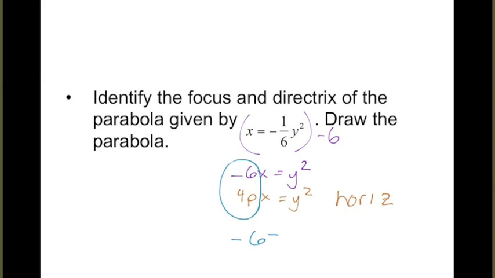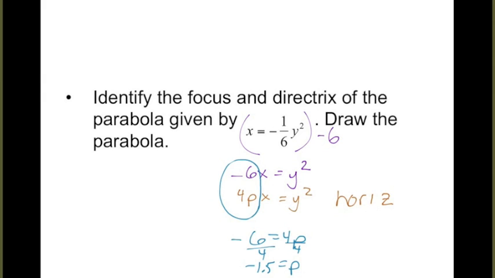So -6 should be equal to 4p, which means that p is equal to what? How do I get to p alone? Divide by 4, so we get -1.5.